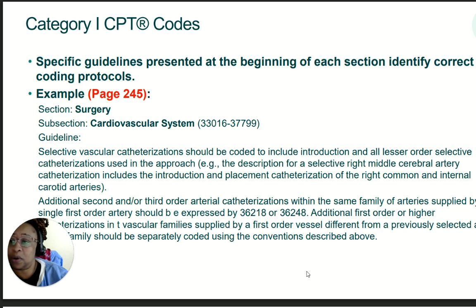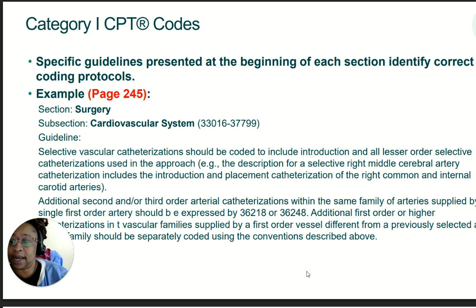In this example, on page 245, the section is surgery, the subsection is cardiovascular system, starting at code 33016 to 37799. The guidelines indicate the selective vascular catheterization should be coded to include introduction and all lesser order selective catheterizations used in the approach. The description for a selective right middle artery catheterization includes the introduction and the placement of the catheter in the right common and the internal carotid arteries.